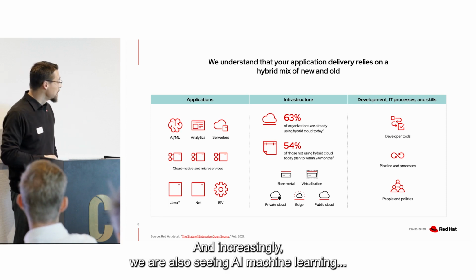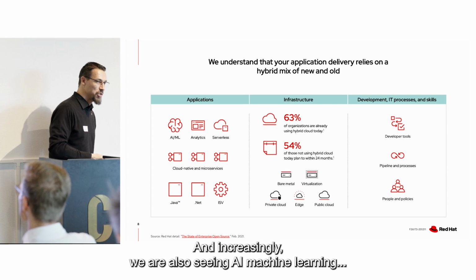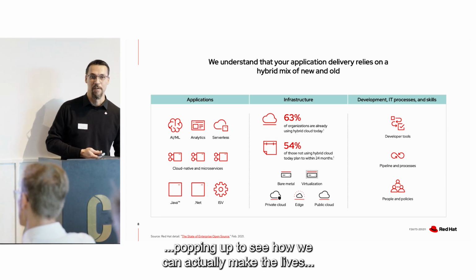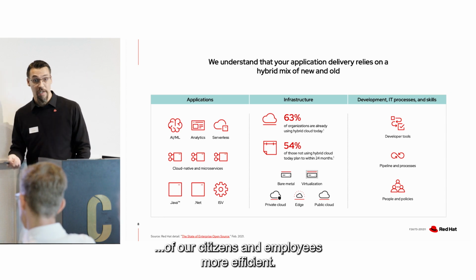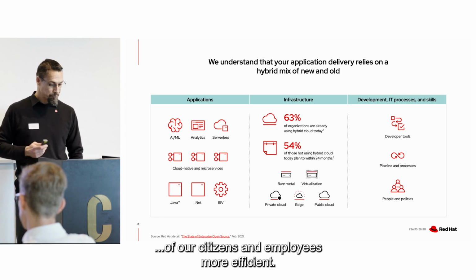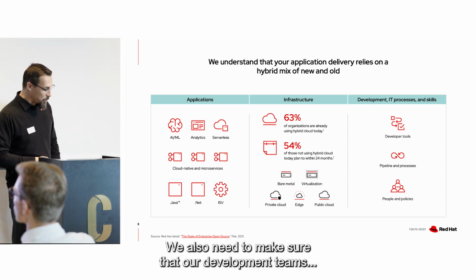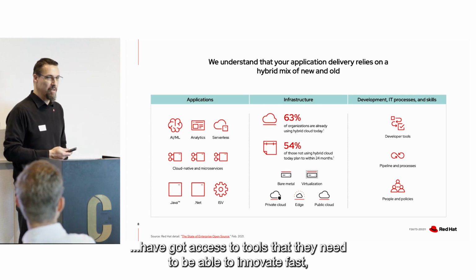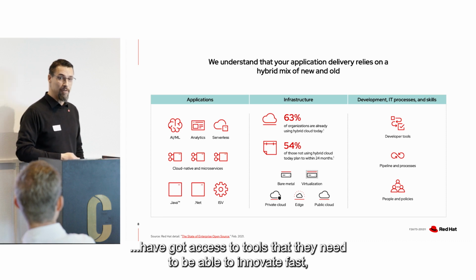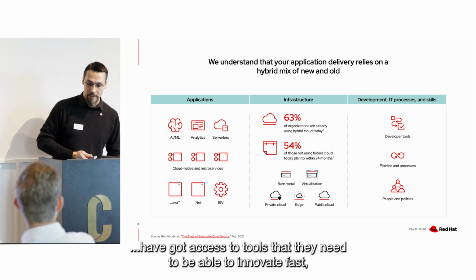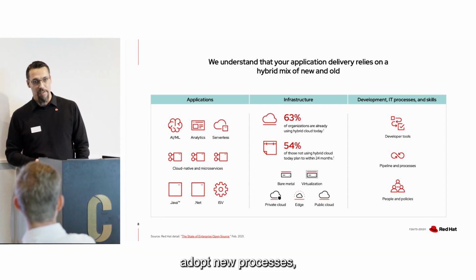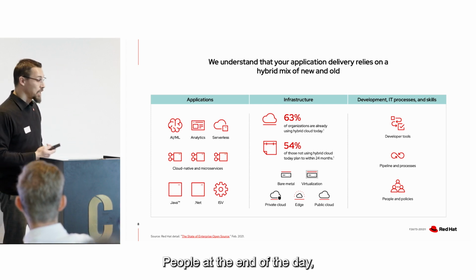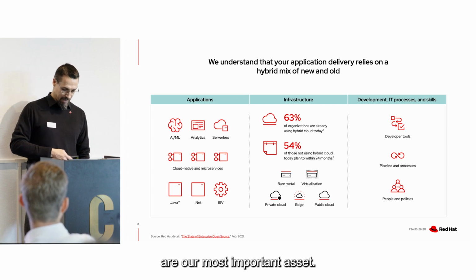And increasingly, we're also seeing AI and machine learning popping up to see how we can actually make the lives of our citizens and employees more efficient. We also need to make sure that our development teams have got access to the tools that they need to be able to innovate fast, adopt new processes, CI/CD, DevOps. Our people, at the end of the day, are our most important asset.